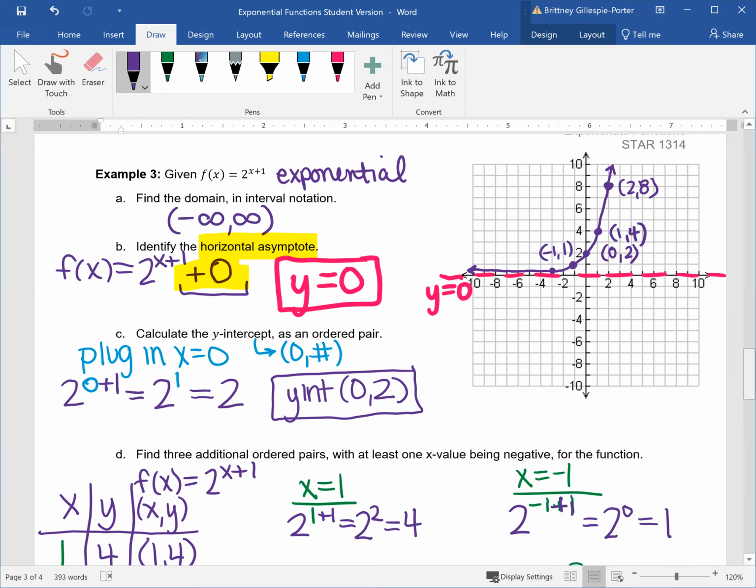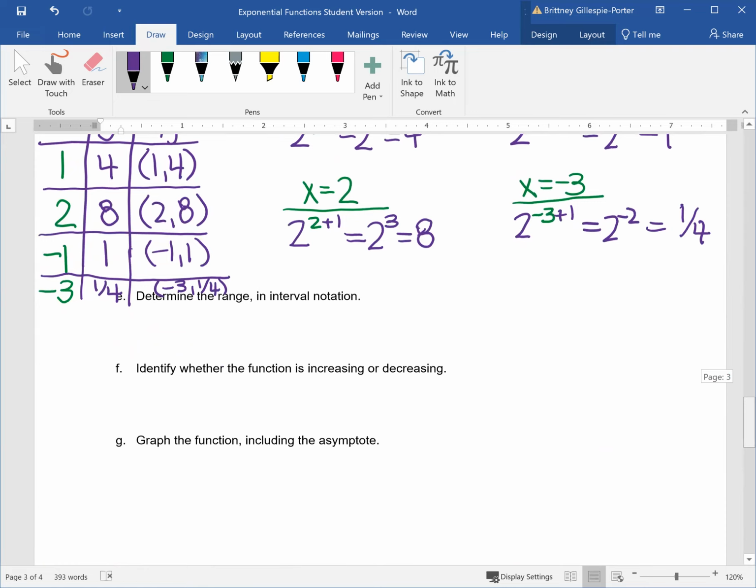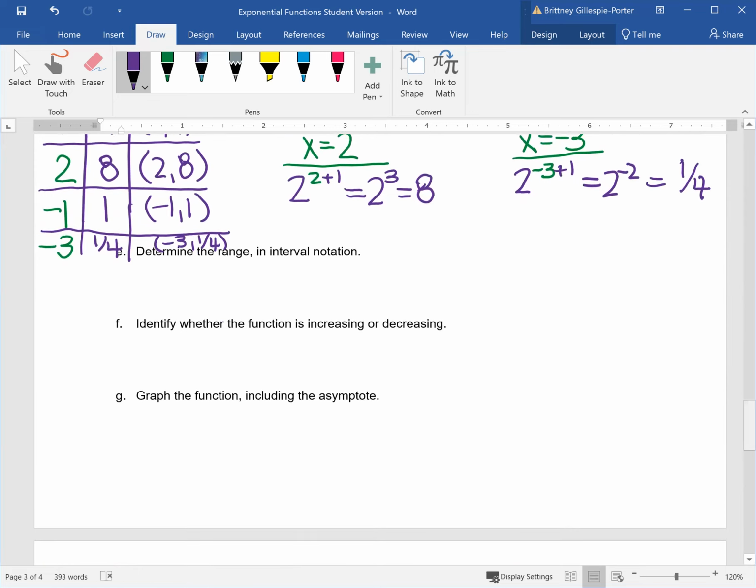So looking at that graph, our range for our exponentials is always in the form either our horizontal asymptote to infinity, or -infinity to our horizontal asymptote.